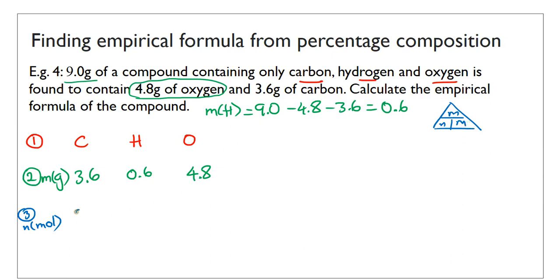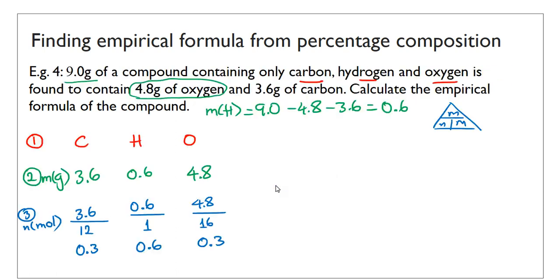So the first one is going to be mass of carbon divided by the molar mass of carbon, which is 12. For the second one is 0.6 divided by 1, which is the molar mass of hydrogen, and 4.8 divided by 16, which is the molar mass of oxygen. And then that would give you 0.3, 0.6, and 0.3. So these are the number of moles of each element in this compound.